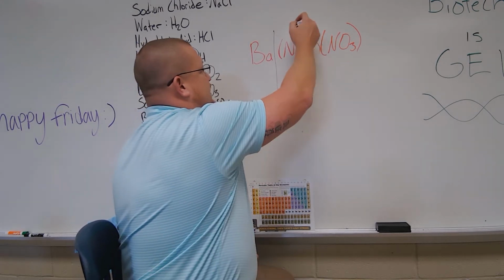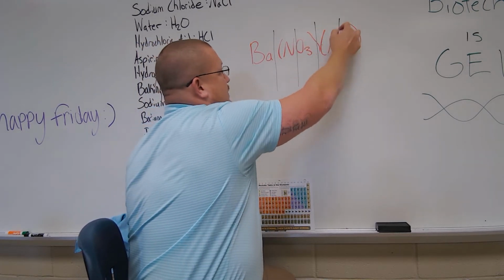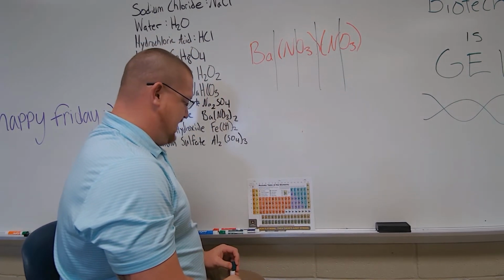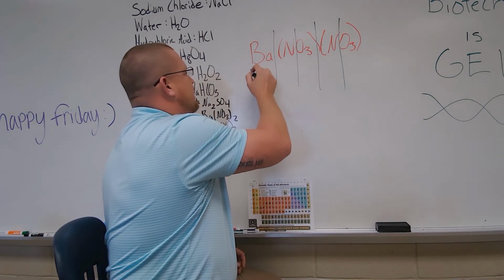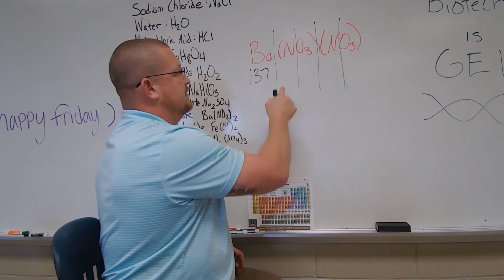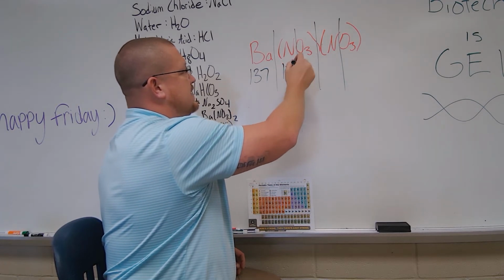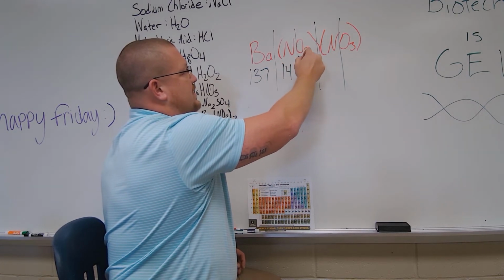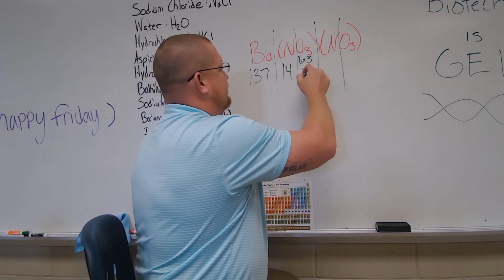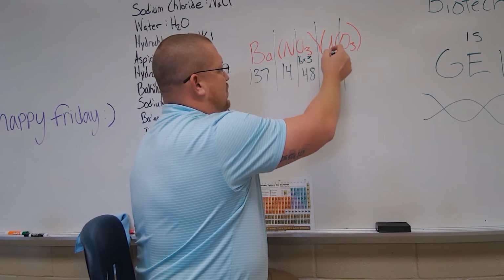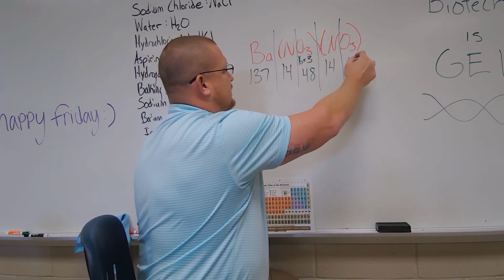So BaN, right, just like we've been doing. Ba is 137. There's just 1 of them. There is 1 nitrogen, 14. There are 3 oxygens, right, 32. What's that, 48? There's 1 nitrogen, there's 3 oxygens.